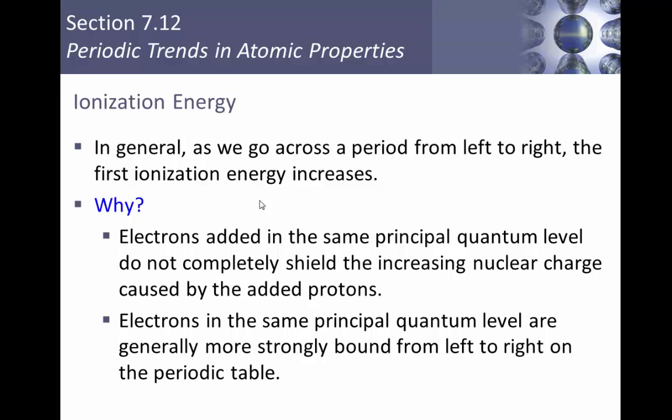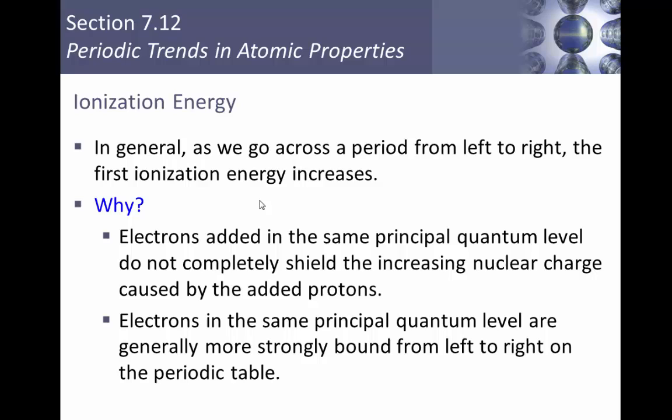Okay, so in general, as you go across from left to right, the ionization energy increases. Why is that? Well, that's because the electrons are being added into the same energy level, so they can't completely shield the positive charge that's pulling on the electron as protons are being added.